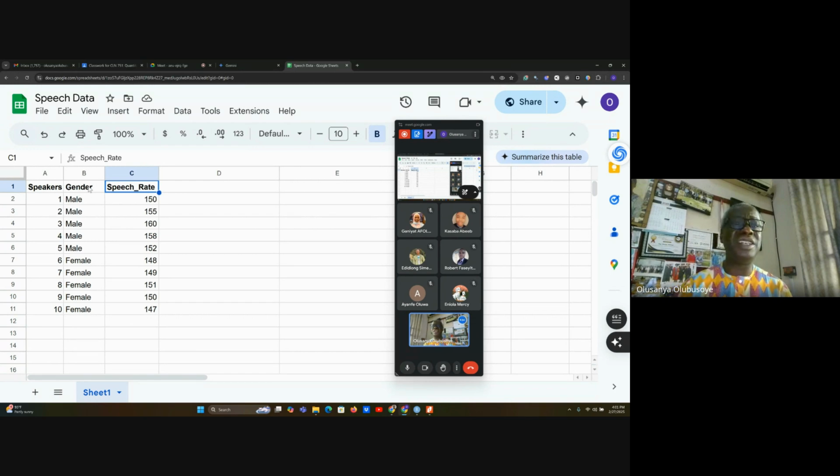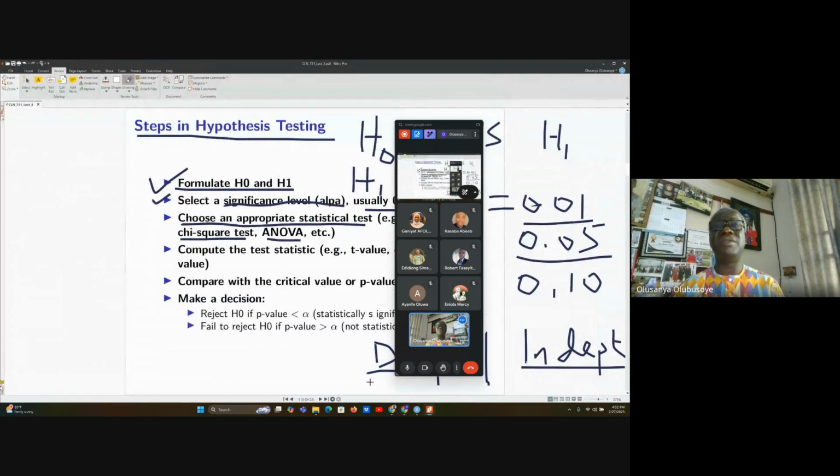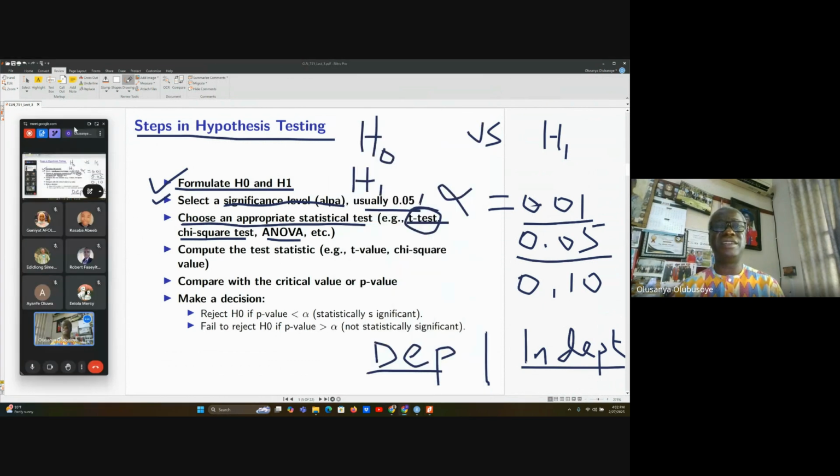And your independent variable will have to be a variable that is qualitative, which means it's in categories. So it's a categorical variable. So let's go back to the slide.